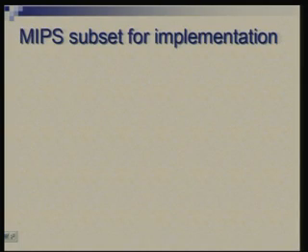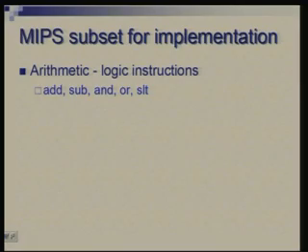So, once again let us look at the subset of the instructions which we have set out to consider for building this data path. Among the arithmetic and logical instructions, we have these 5: add, subtract, 2 arithmetic instructions, and, or, 2 logical instructions, and SLT which does the comparison. So, they are all of the same class in the sense that they take 2 operands from registers, perform some operation, and put the result in a register.